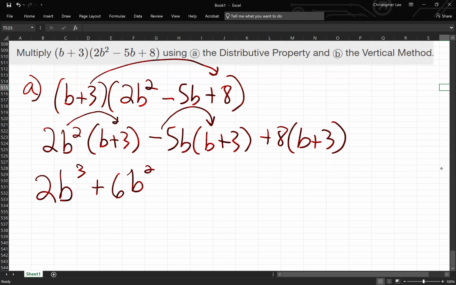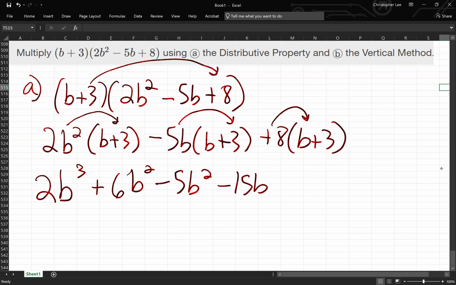What's the next one? Negative 5b squared. Very good. What's the next one after that? Negative 15b. Next one. Plus 8b. Last one. Plus 24. Now I want to combine like terms, right?